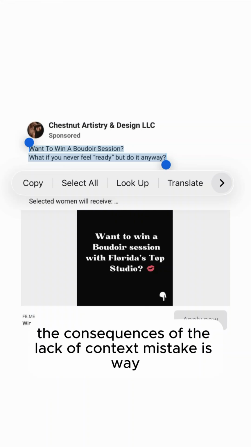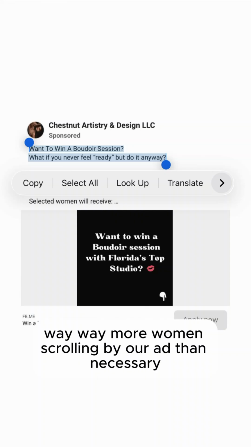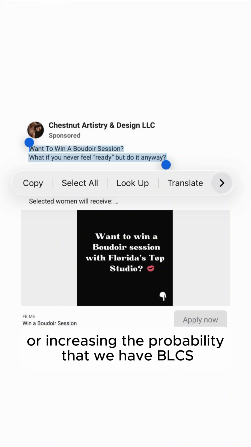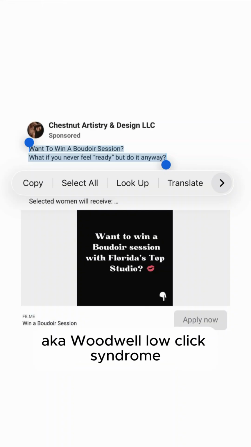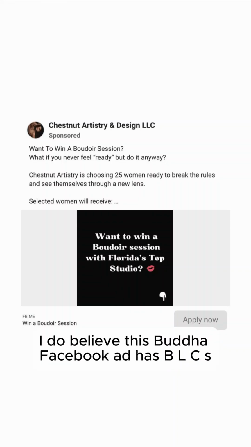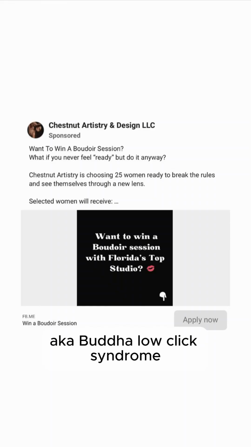The consequence of the lack of context mistake is way more women scrolling by our ad than necessary, pulling our unique CTR under 6%, and increasing the probability that we have BLCS. So after looking at all this, my diagnosis is yes, I do believe this Boudoir Facebook ad has BLCS, aka Boudoir low click syndrome.